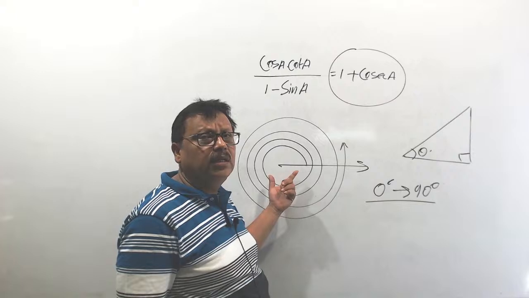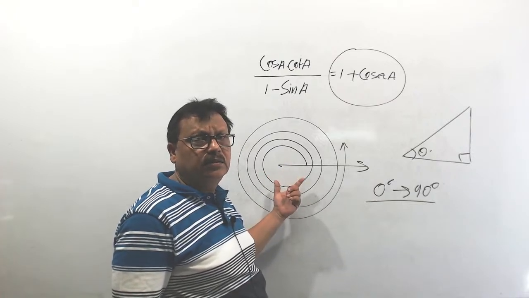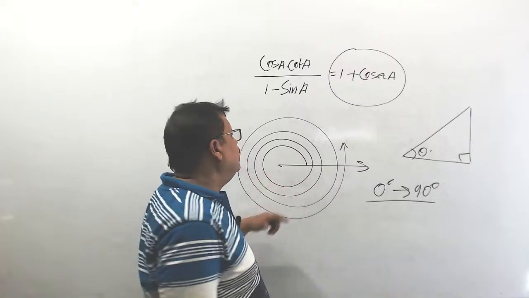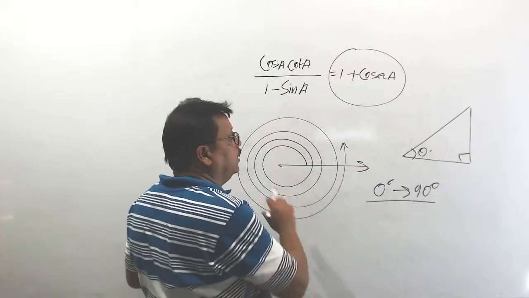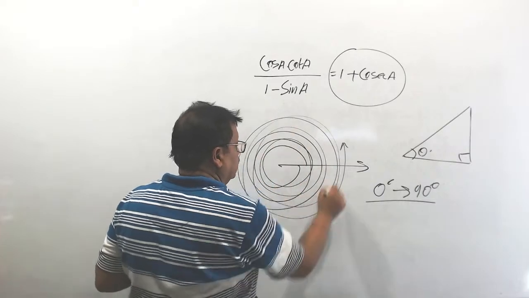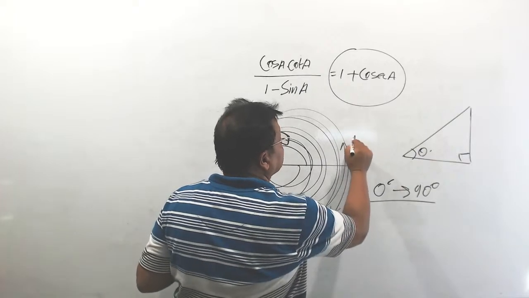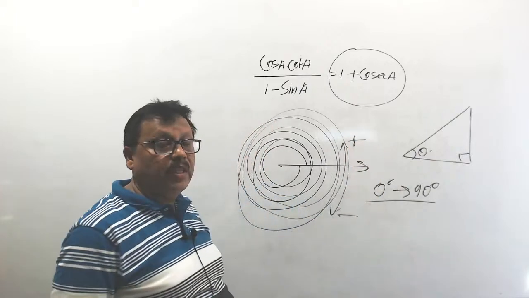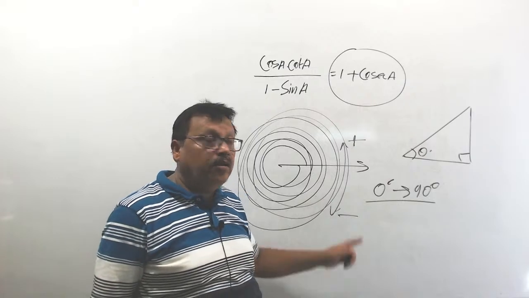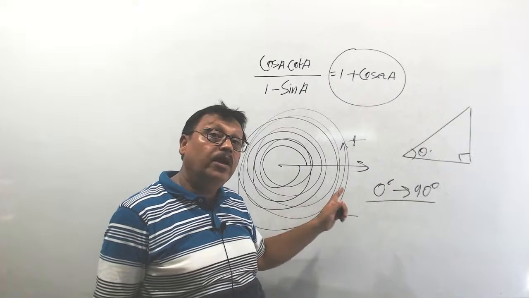Not only 90 degrees, 90, 360, 720, 1011 degrees, whatever the angle. If you move this way, then it will be a negative angle. It is the positive angle. Is the angle always positive? No, not that.